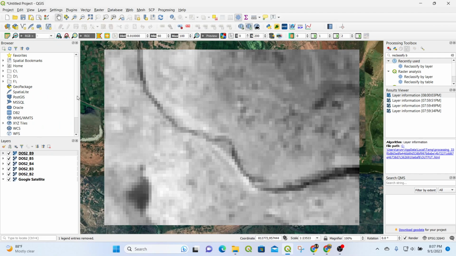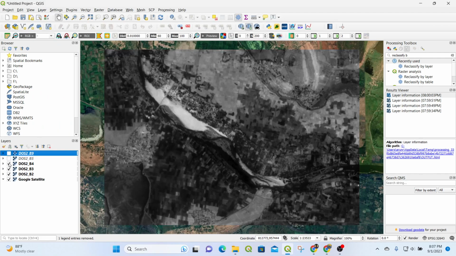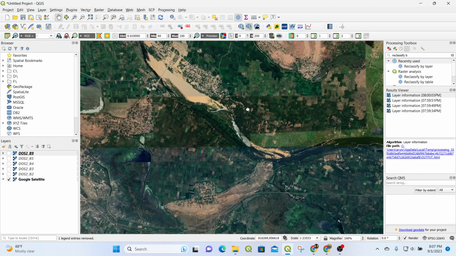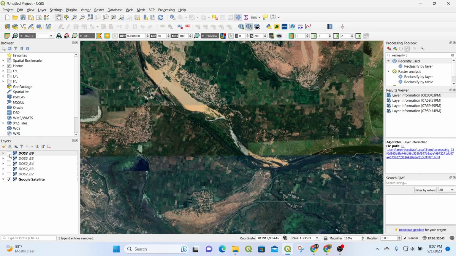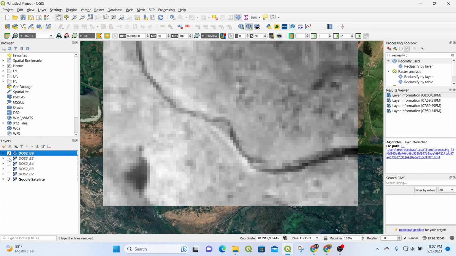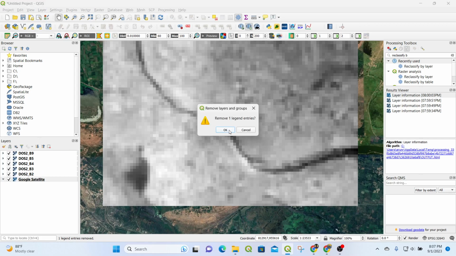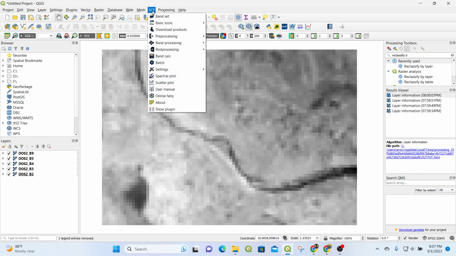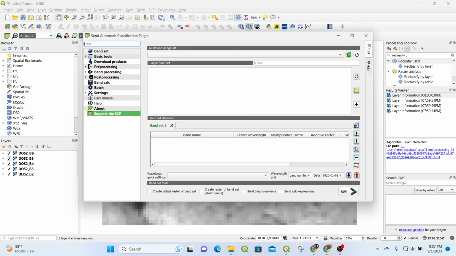Now to do the unsupervised classification, I have just imported the Google Earth reference. This is the area for which we calculated the NDVI, NDBI and so on. I have just imported all the bands. I'm going to remove the Google layer because we are going to create a band set. So go to SCP, band set.